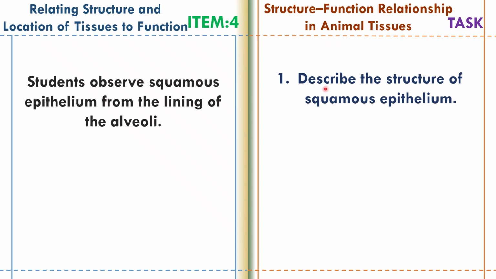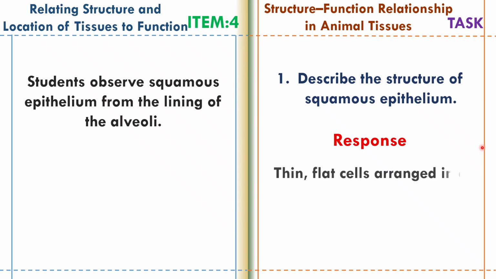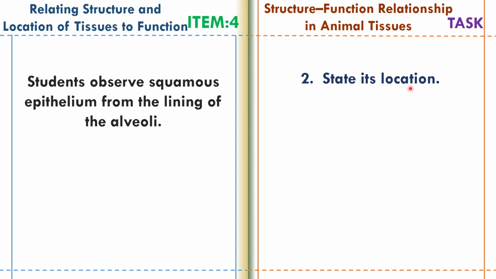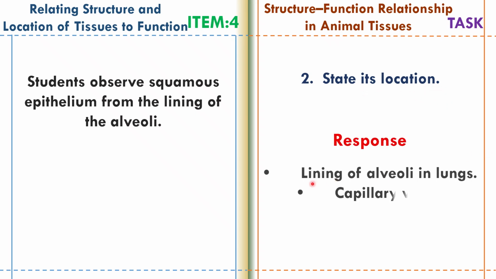Describe the structure of squamous epithelium. It is thin, flat cells arranged in a single layer. State its location. It is located in the lining of the alveoli in lungs and capillary walls.